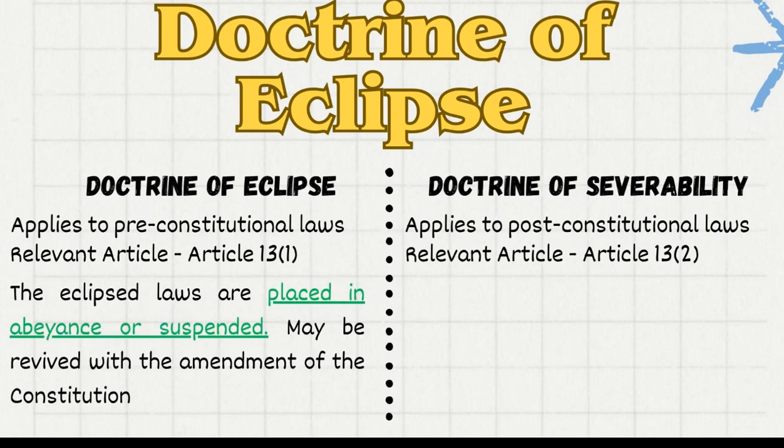Next, in case of the doctrine of eclipse, when laws are said to be eclipsed, they are not declared void. They are merely suspended and may be revived with a change in the concerned constitutional provision.